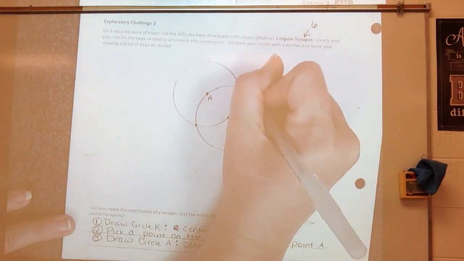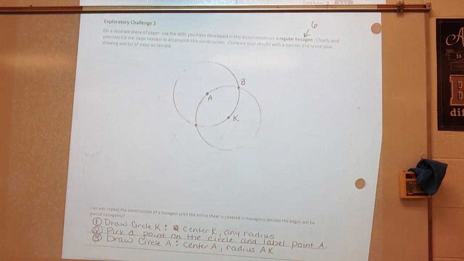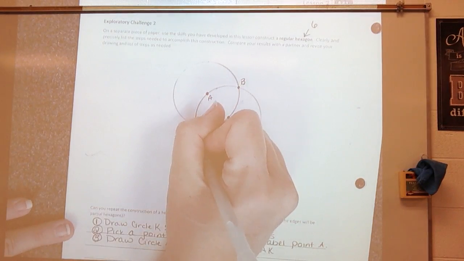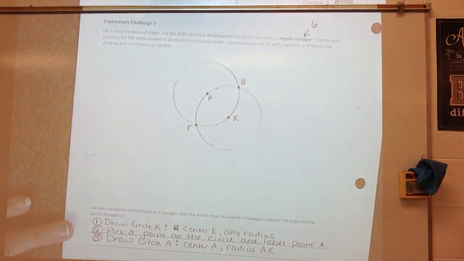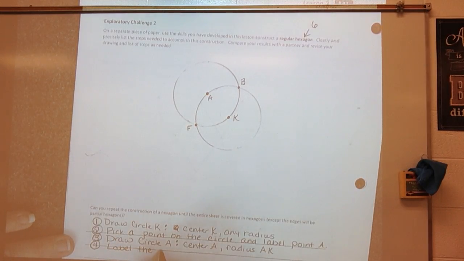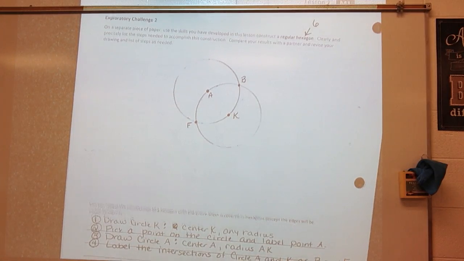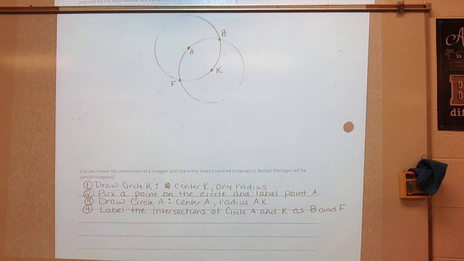So I'm going to label this B. And I'm going to label this one F. Okay, so label the intersections of circle A and K as B and F. All right, so we're labeling those intersections.